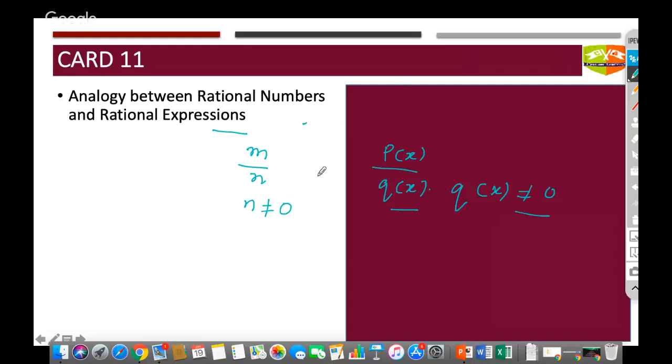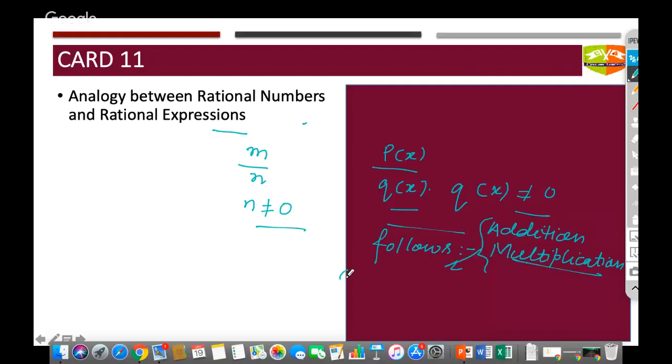Now here also, rational numbers and rational expressions follow laws, in the case of both addition and multiplication: the associative law, distributive law, and commutative law.